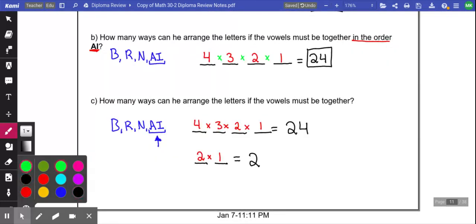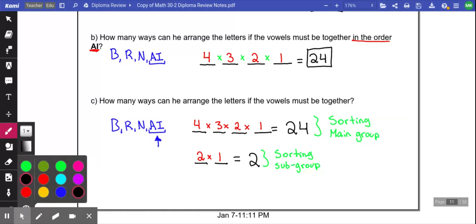Now you have 2 numbers. This number 24 is sorting the main group. This number 2 is sorting the subgroup, the little group, the AI.